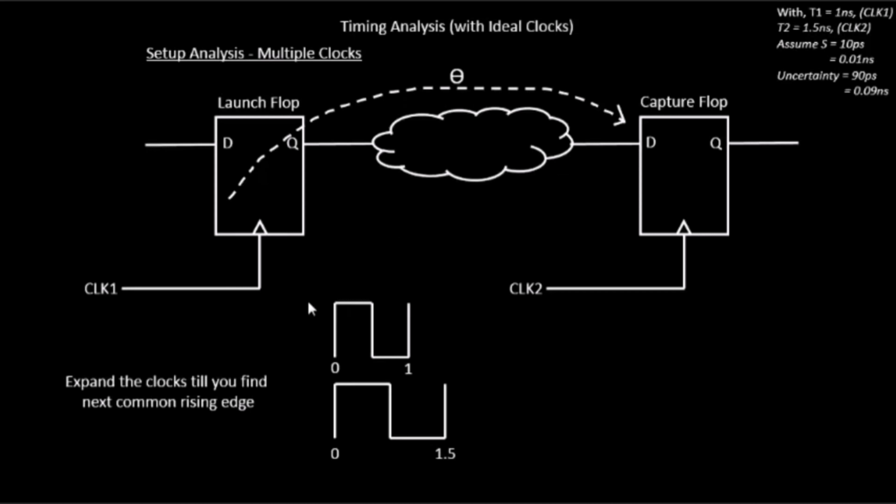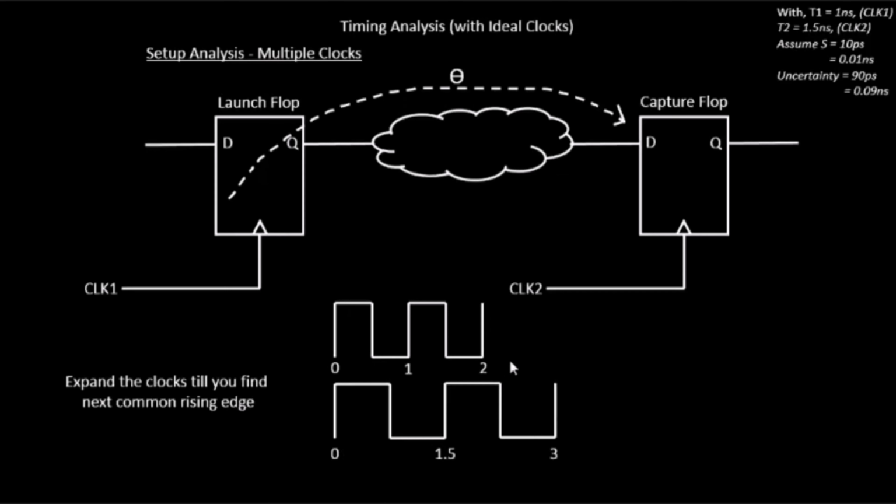In this case, the first thing we have to do is expand the clocks in such a fashion that we arrive at some point where we find a common rising edge. That is the first step, and very soon we will identify the reason why we need to do that. So first let's try to expand it. We'll expand this from 0 to 1 to 1 to 2, and we'll expand 0 to 1.5 and 1.5 to 3.